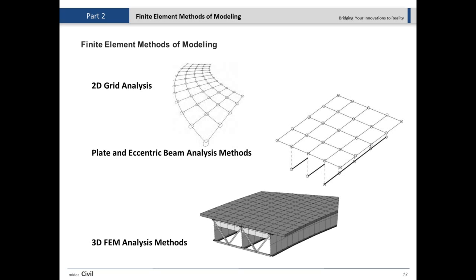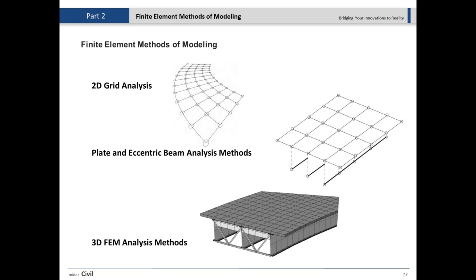So let's see how we can model those parts, how we can use the software to come up with the results of whatever we discussed theoretically. You need correct modeling, and you need a good tool to be able to see all those effects.